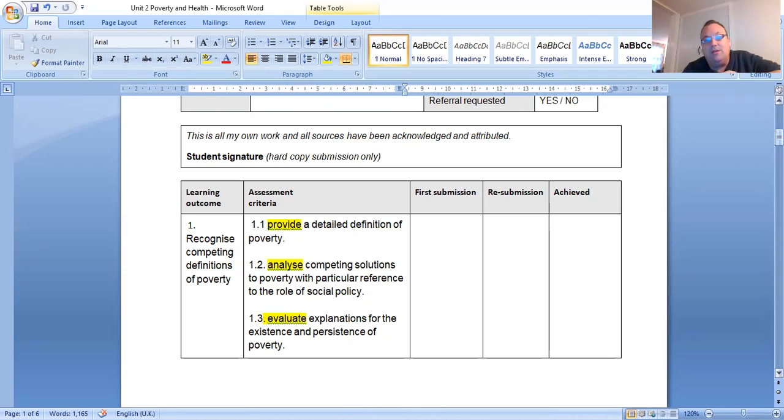In this case, we're going to look at social democratic explanations for the existence of poverty compared to neoliberal, liberal, classic liberal, Adam Smith, Margaret Thatcher, new right explanations for the existence and persistence of poverty. So the key thing here is provide, so it's a statement, it's a description, analyze, break down, go into detail, evaluate, compare and contrast.